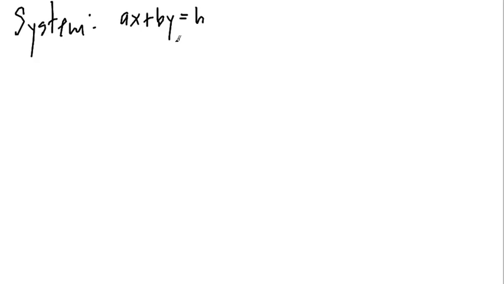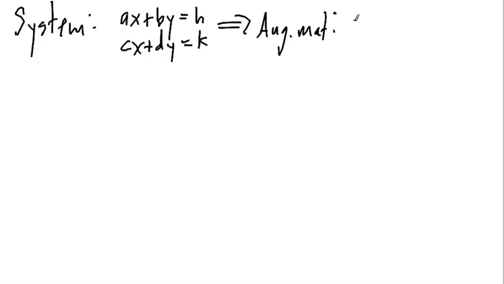Okay, so let's summarize what we just saw. We were using row operations. We started with a system which looked like AX plus BY is equal to H, and CX plus DY is equal to K. From this we got an augmented matrix which looked like A, B, C, D on the left and H, K on the right.